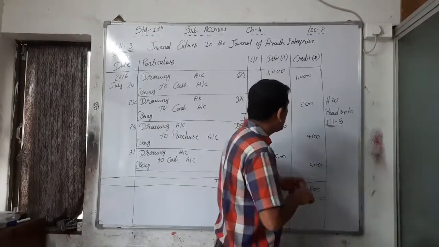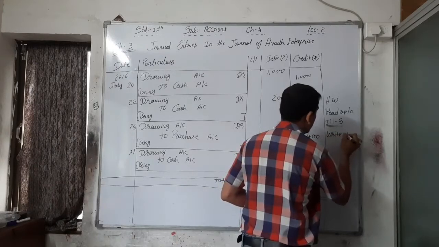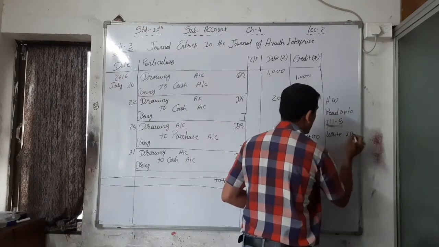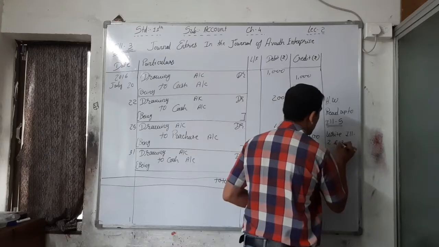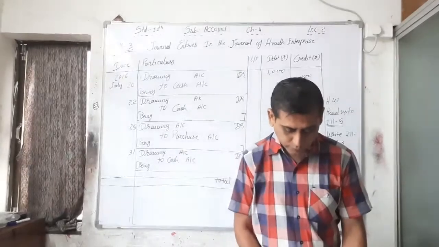Homework is to read up to illustration number 5 and write illustration number 2 and 3 in your fair book. Okay.